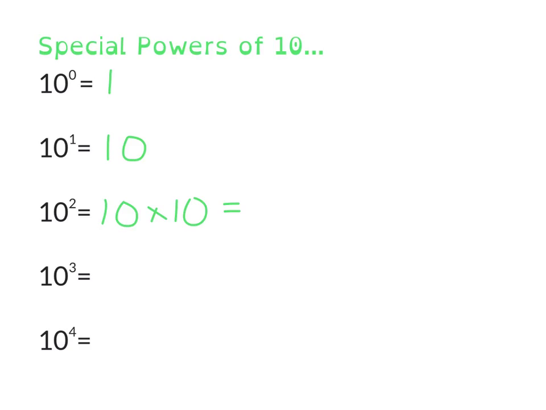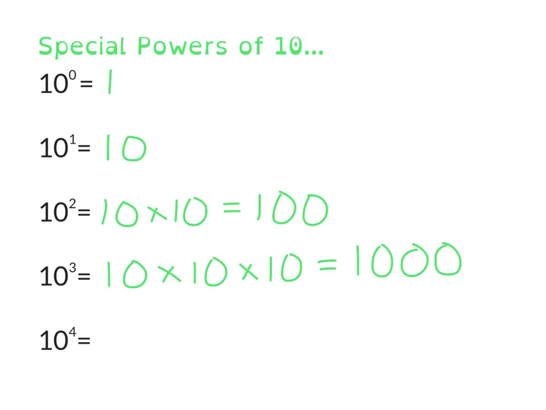Because an exponent of 2 tells us we're multiplying 10 twice, so 10 to the 2nd power is equal to 100. 10 to the 3rd power means 10 times 10 times 10, and that is equal to 1,000. 10 to the 4th power is 10 times 10 times 10 times 10, which is equal to 10,000.